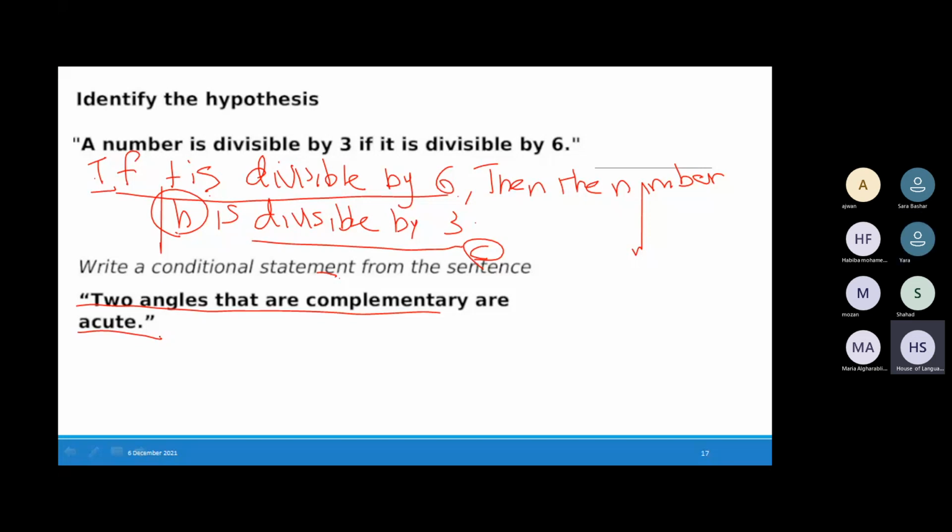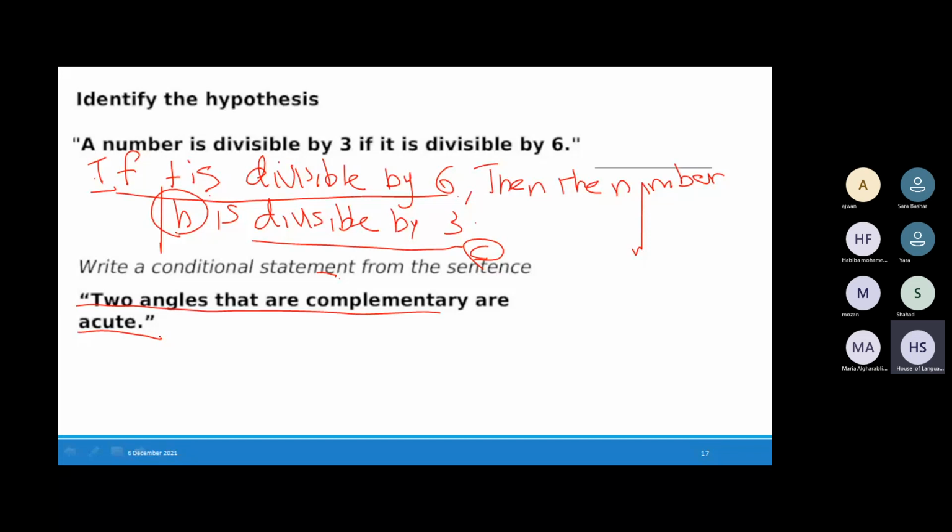What did you say? If two angles are acute, that means they are complementary. Next time, what will I give you? If two angles are complementary, they are acute. So which one must it be? If two angles are complementary, then they will be acute.